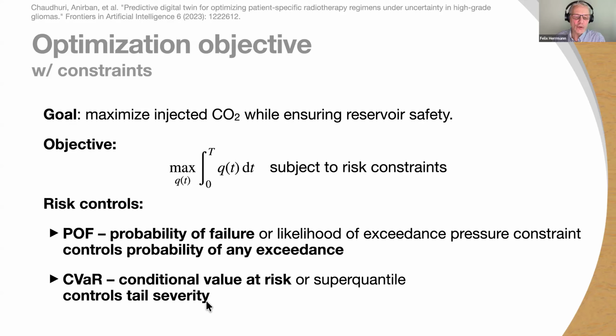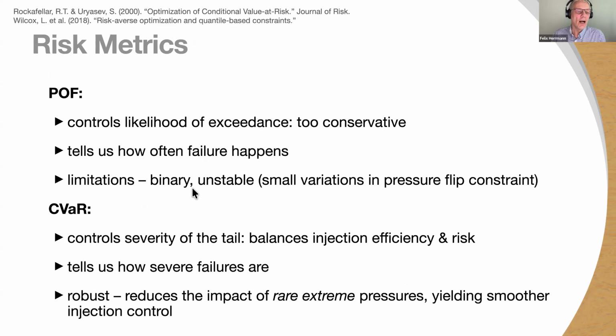You may transgress, but you can control by how much on average. And so the POF tells you how often failure happens and basically tells you to never have it, or if you introduce some epsilon with some rate, it's still very, very conservative, right? And it's unstable, and also it's non-convex.